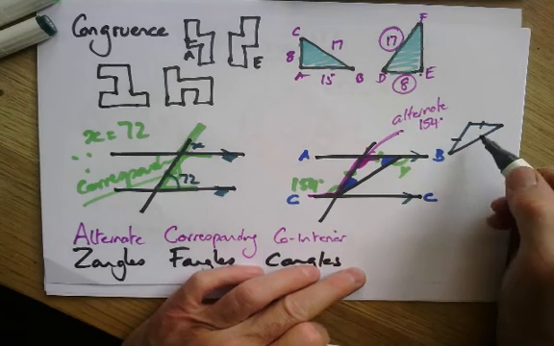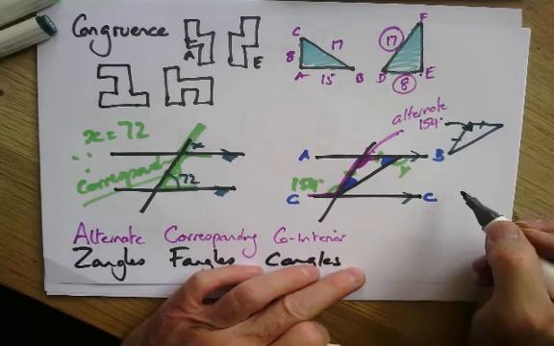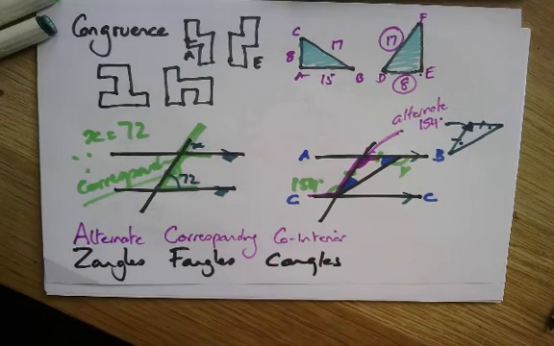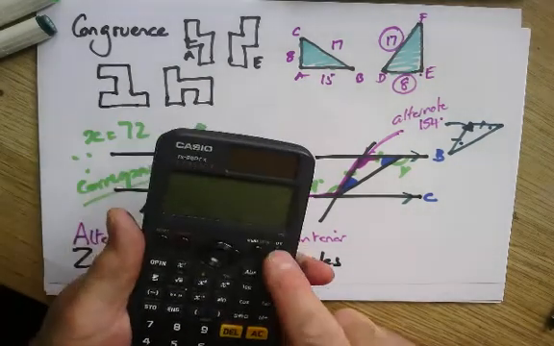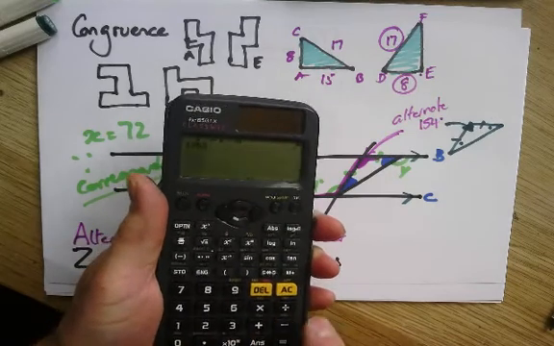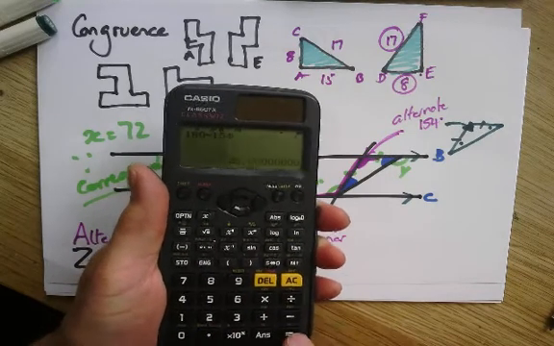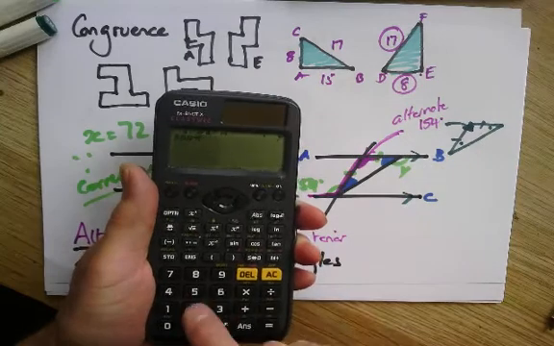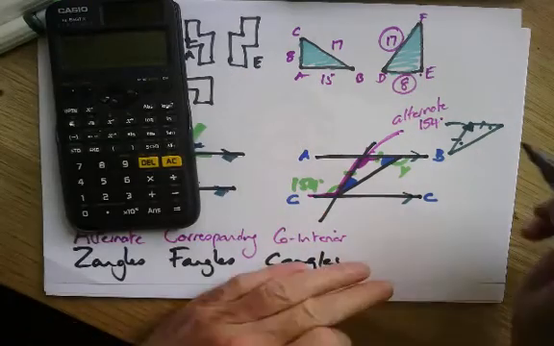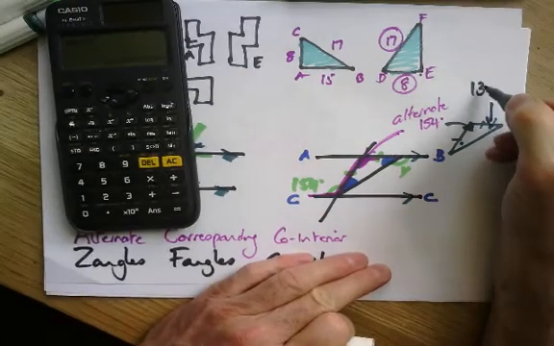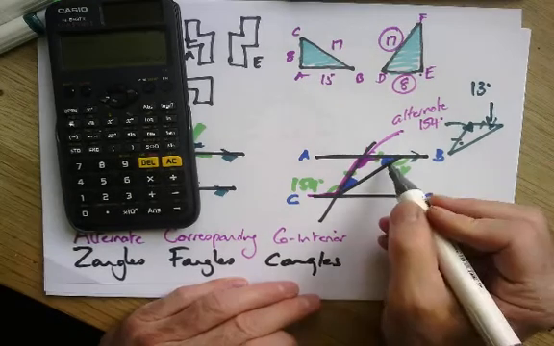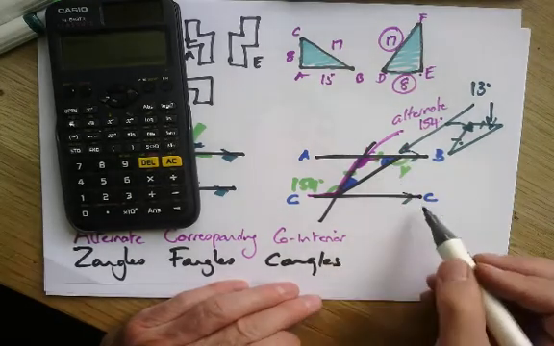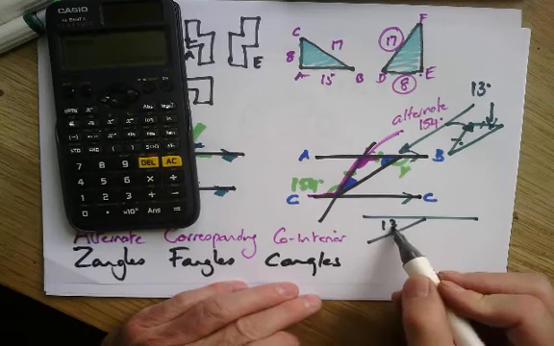I've now got a triangle, and those two sides are the same. All the angles add up to 180, remember that. And you need to be writing all this out. So you go 180 minus 154 is equal to 26, and that's both angles. If I divide that by 2, I know that that little angle there is 13 degrees.